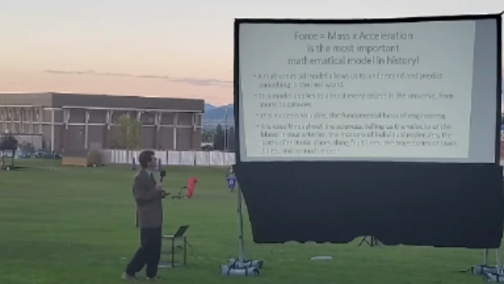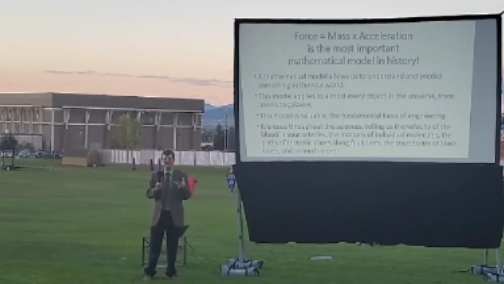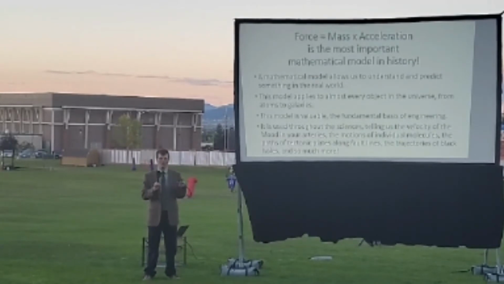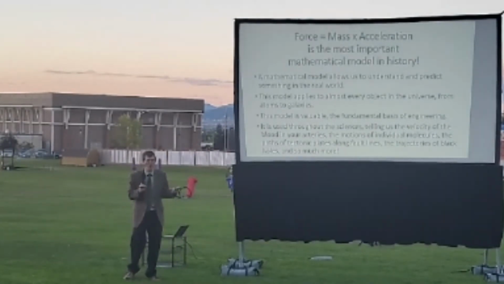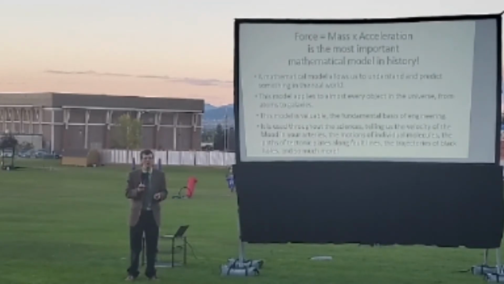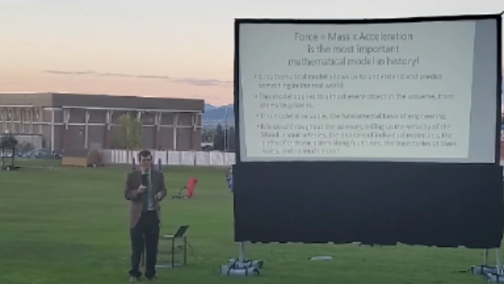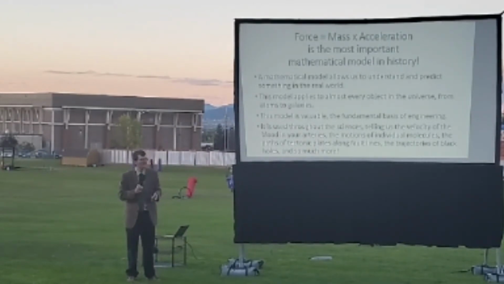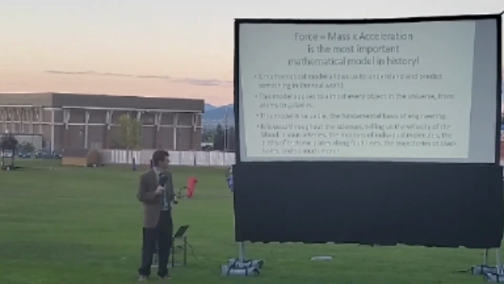And that's incredible. This is the most important mathematical model in all of history because it allows us to understand and predict the world around us. It applies to almost every object in the universe, from things as small as an atom to as large as a galaxy, to the rippling of the curtain right here in the wind today. All these things can be understood through this amazing mathematical model. It's the practical basis of engineering, and used throughout the sciences.